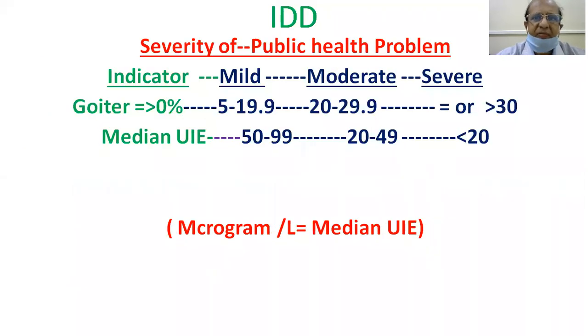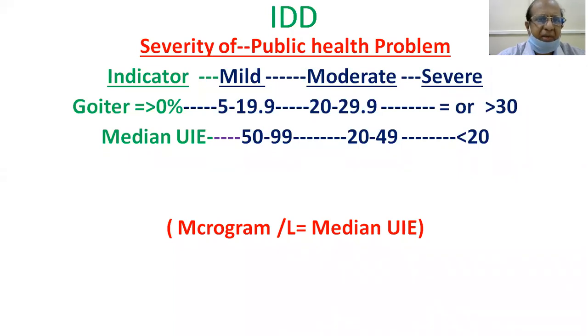And the severity of the public health problem. The indicators are goiter and also median urinary iodine excretion. So depending on these two indicators, the mild, moderate or severe degree of the public health problem will be decided.